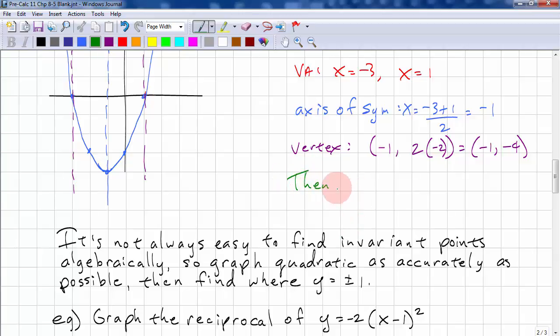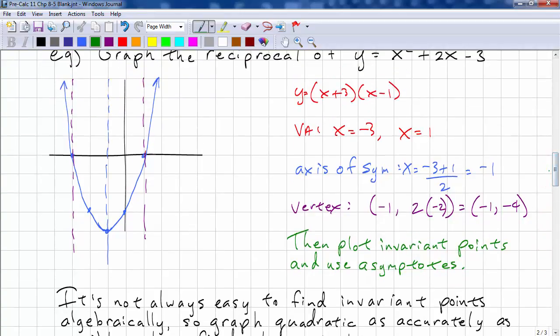Then plot invariant points. And use asymptotes. Okay. So our invariant points are here, here, here, here.